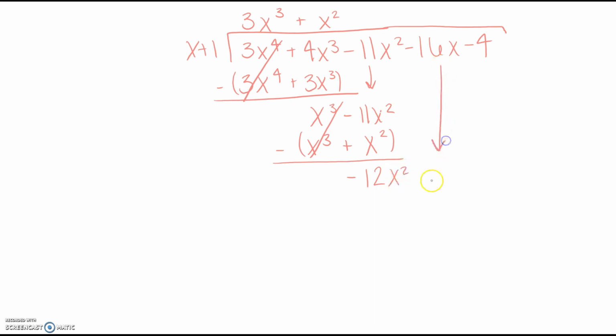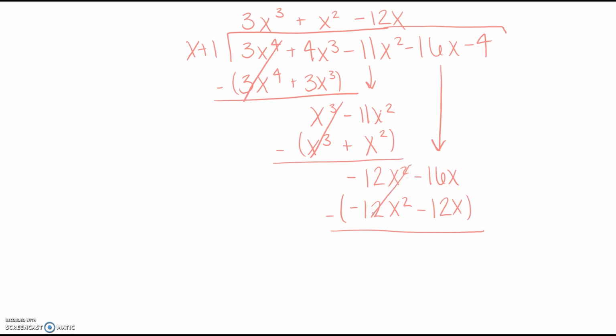Now we bring down our negative 16x, and we'll multiply x by negative 12x to give us negative 12x squared. Negative 12x times 1 is just negative 12x. Subtract again. These cancel.